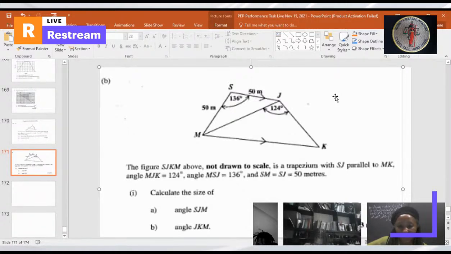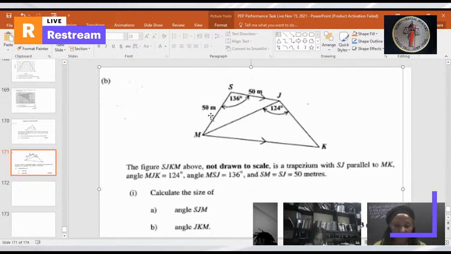That means any angle over the side that's opposite to it is equal to another angle over the side that's opposite to it. Since we want MJ, the angle that's opposite to MJ is 136. We can use this angle here, the 22, and the side that's opposite to it, which is 50.